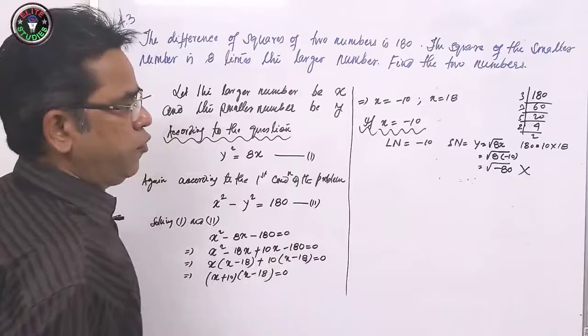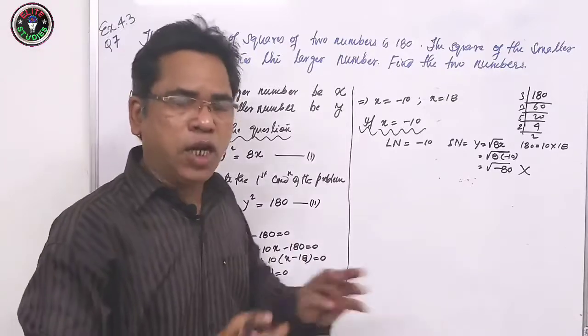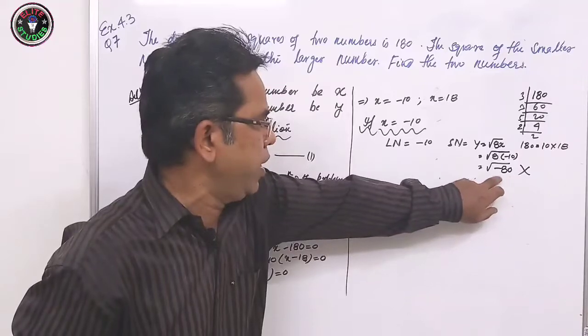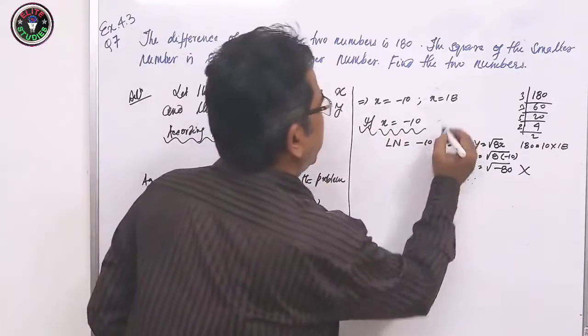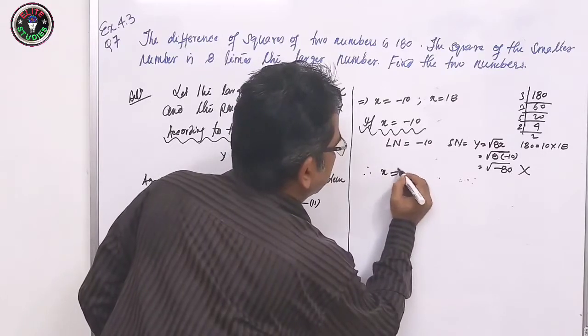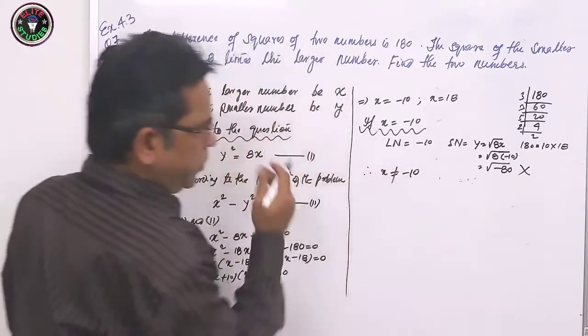Because the square root of a negative number is not defined over the real numbers. So x is not equal to minus 10. This is not suitable.